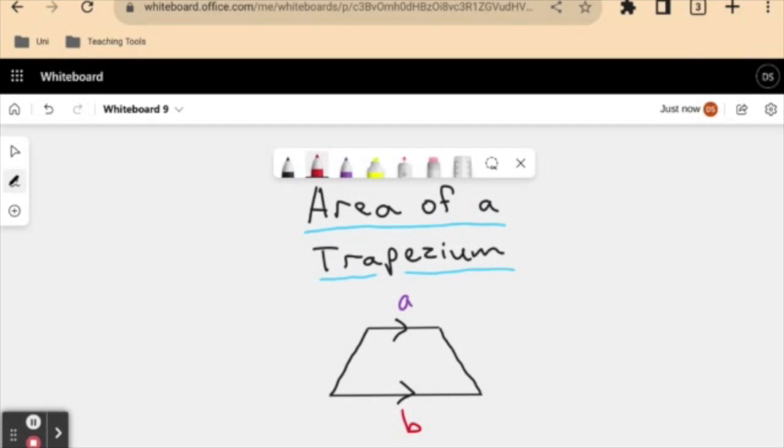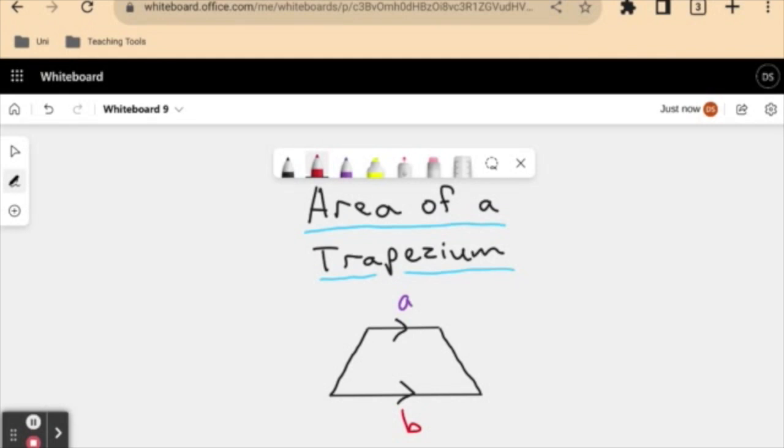Now, we are looking at this trapezium, and we don't know where to start. How could we even begin to find an expression for area here? We can't really, but let's have a look at another shape we've recently explored.